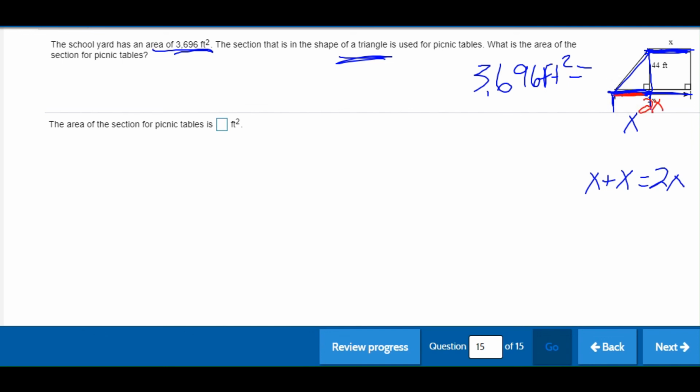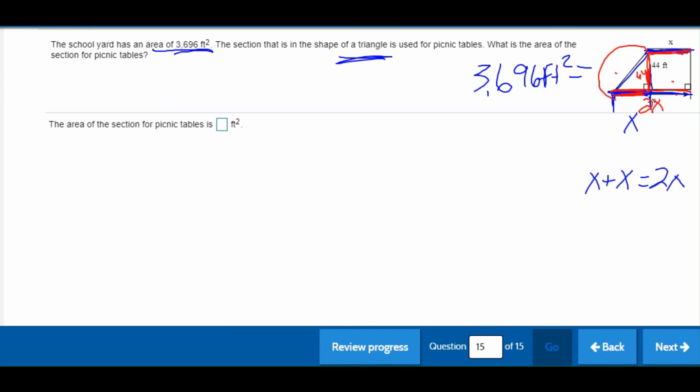So we have x and we have x, right? So now we know, since these have the same base of x, the triangle and the rectangle, and the height of both of them is 44, we can say that this right here is half the area of this, right? So what we want to do is find out what the area is.